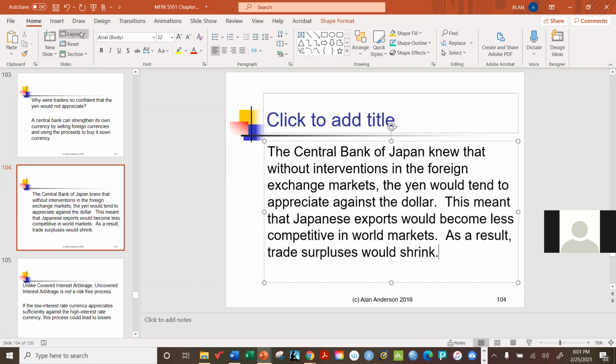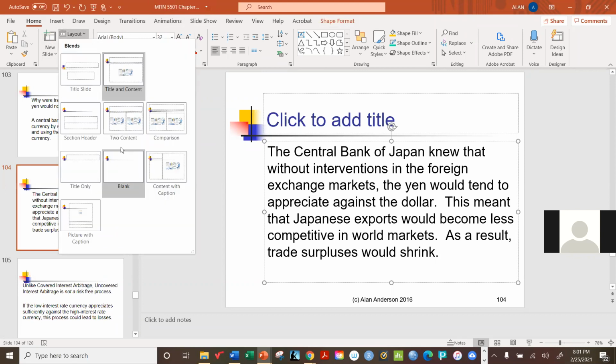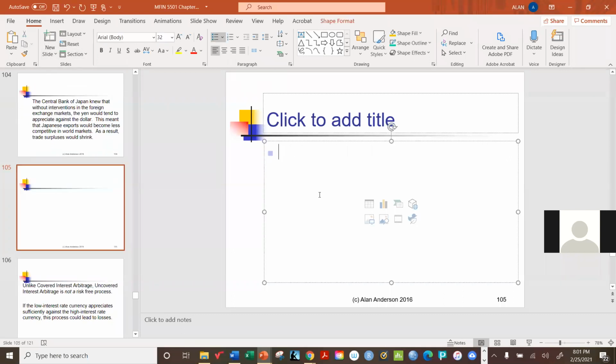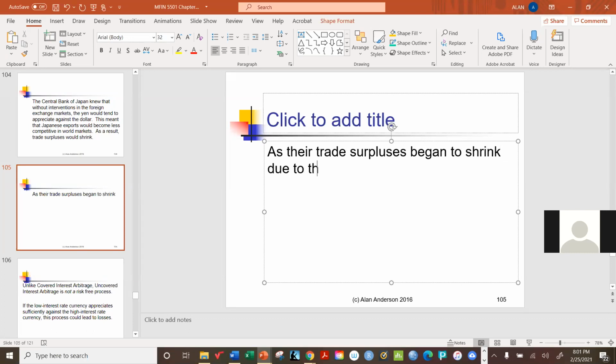Because, as we've seen already in this last week or the week before, when this happens, as the trade surpluses shrink, due to the stronger yen, two things would happen. Unemployment would rise, inflation would fall.